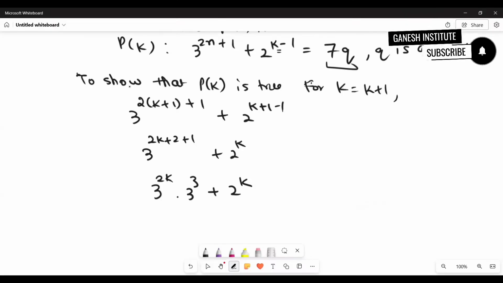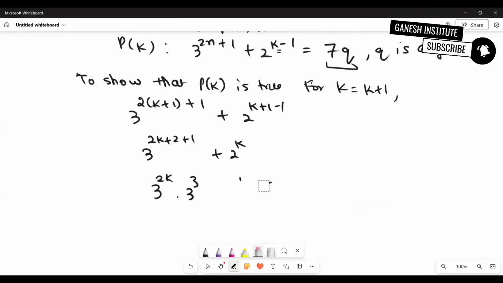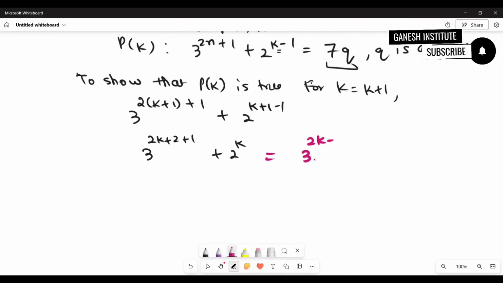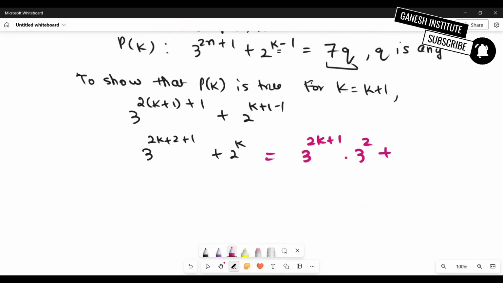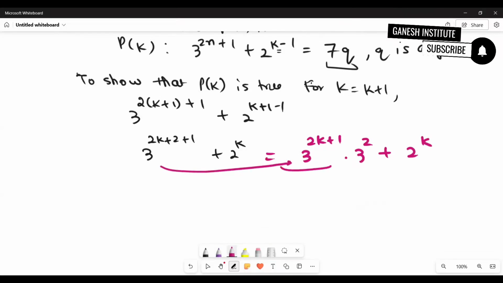If I keep 3 raised to the power 2k plus 1 as it is and take out this, because the base is the same and the powers get added, you can separate them this way. Is this fine? I have kept this one as it is and separated the other. If you do the reverse engineering, it will give you the same value.